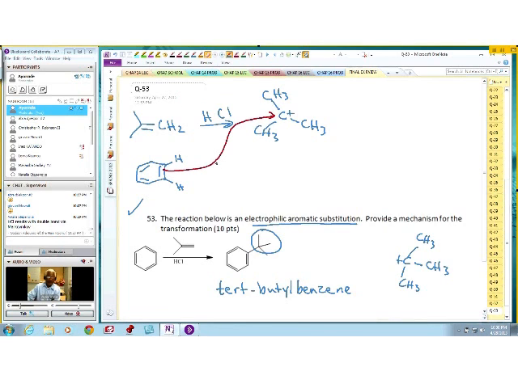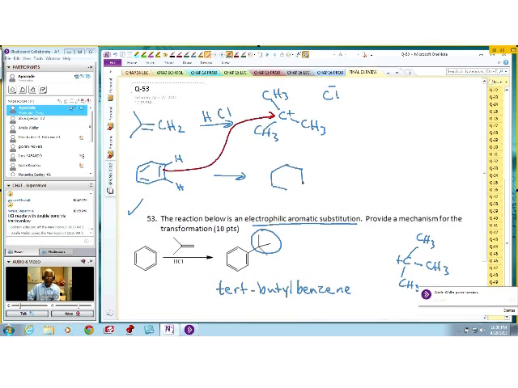Once it does that, by the way, you know that you have a chloride here somewhere. Once it does that, what do we have? We have this, with this hydrogen here and this hydrogen here, and the positive charge is here.